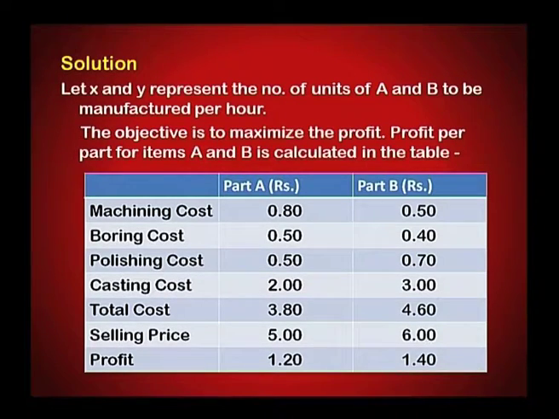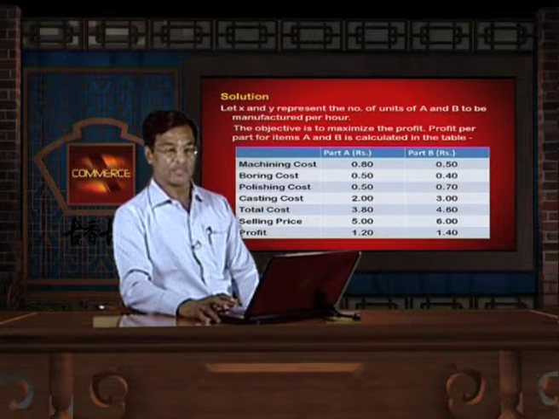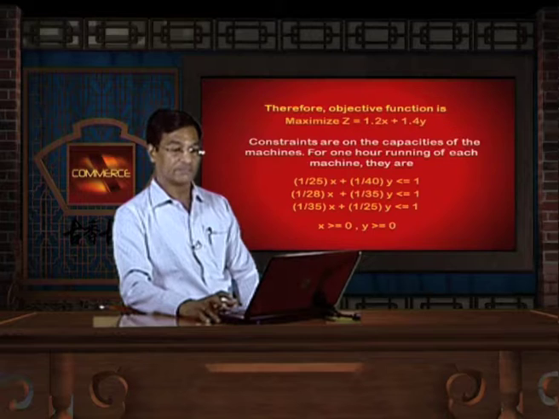Here in this table, we calculate the machining cost, boring cost, polishing cost and casting cost, and then the total cost, so that we can find the profit by subtracting the total cost from the selling price. In the first column, the machining cost, boring cost, polishing cost, casting cost, total cost, selling price and profit for part A and part B are represented.